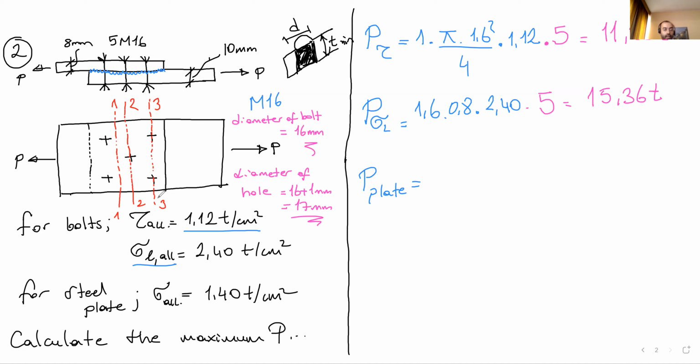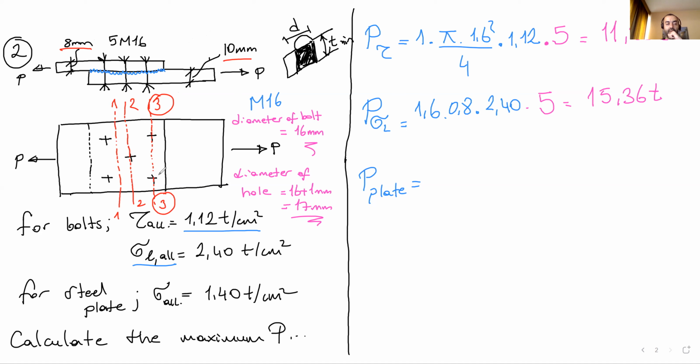Now we are going to consider section 3. Okay, this one. Here area times the allowable stress, and the thickness is the minimum thickness, because the 10 has more capacity than the 8. So we're going to consider the 8mm plate.